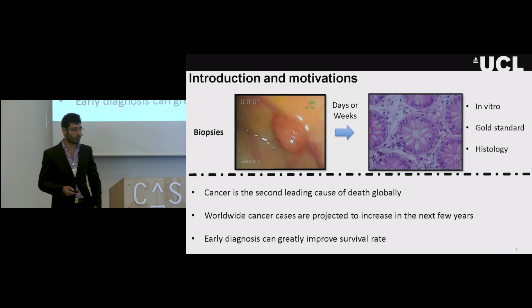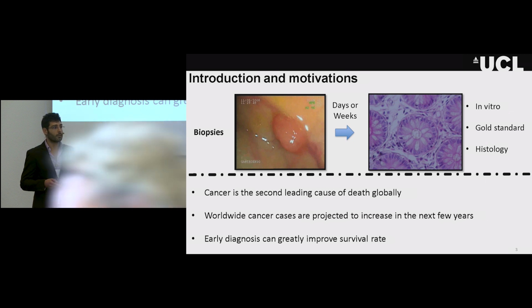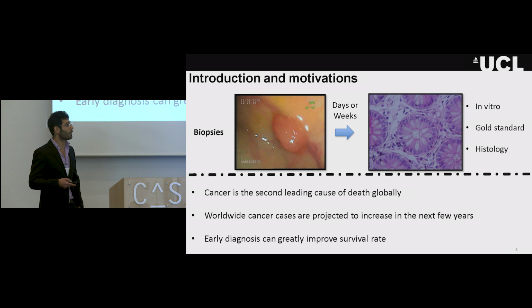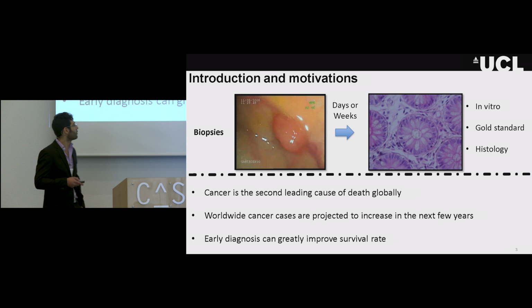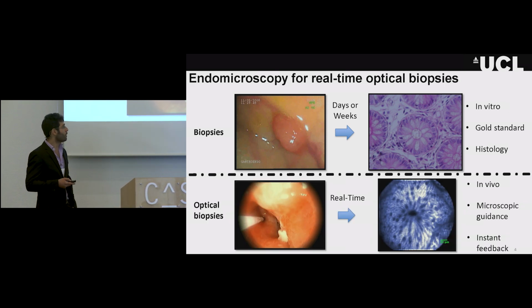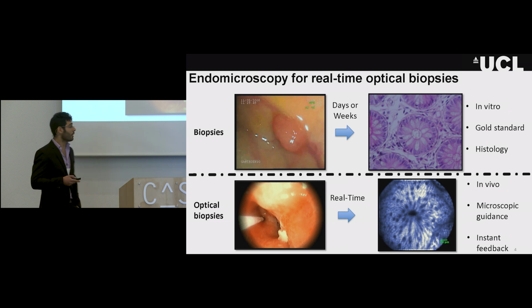However, there are some limitations here. The first is that the patient and the GP receive the feedback only after days or weeks. And moreover, if the tissue is deep inside the body, the surgeon may use some image guidance to better identify the area of interest. A recent imaging modality is called endomicroscopy, and it allows this image guidance, and it also allows performing optical biopsy.